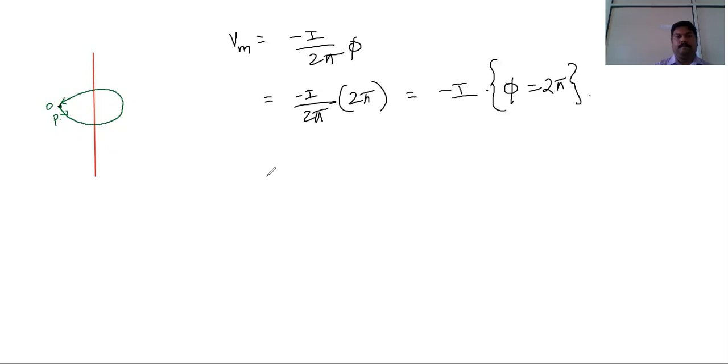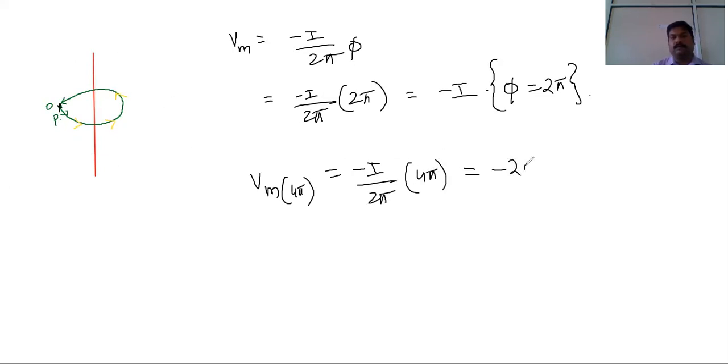But let us say I traverse once more in the same path, like this again. Then Vm becomes, for 4 pi, minus I by 2 pi into 4 pi, since I have traveled 2 times. So this is minus 2I.